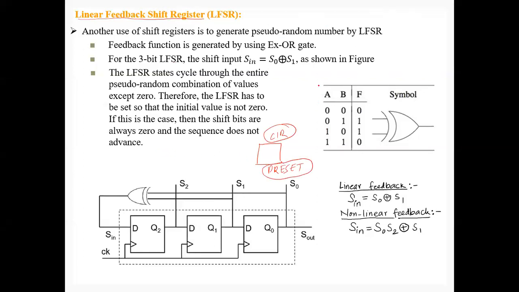When you start the system, you hit the preset button. Then you start, and don't hit the clear button. What happens if you set the clear button? Because you have 0, 0, 0, right? This feedback shift register does not work if you have all zeros.